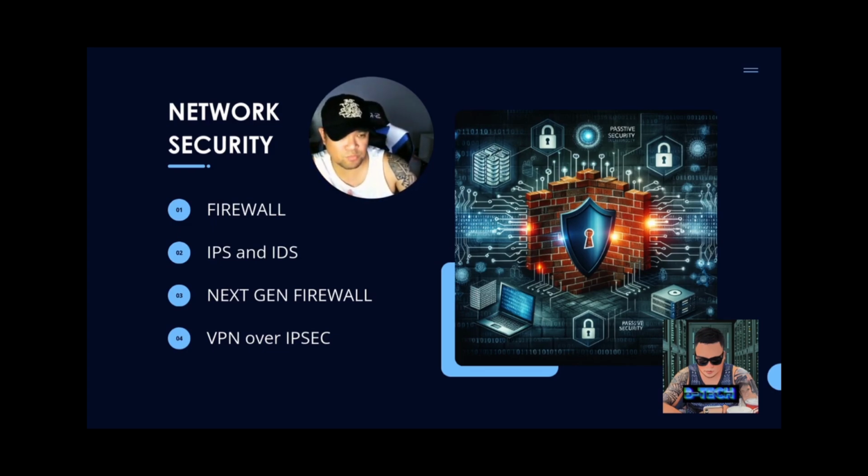So they kind of work together in one device. The third is the next gen firewall. These are the modern firewalls. Think of it as you have all the features of the firewall combined with the IPS and IDS in one device. That's why it's called next gen firewall.